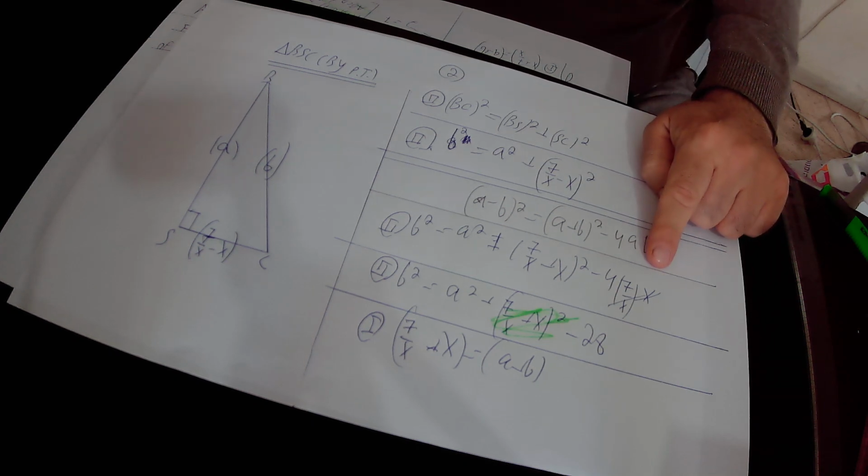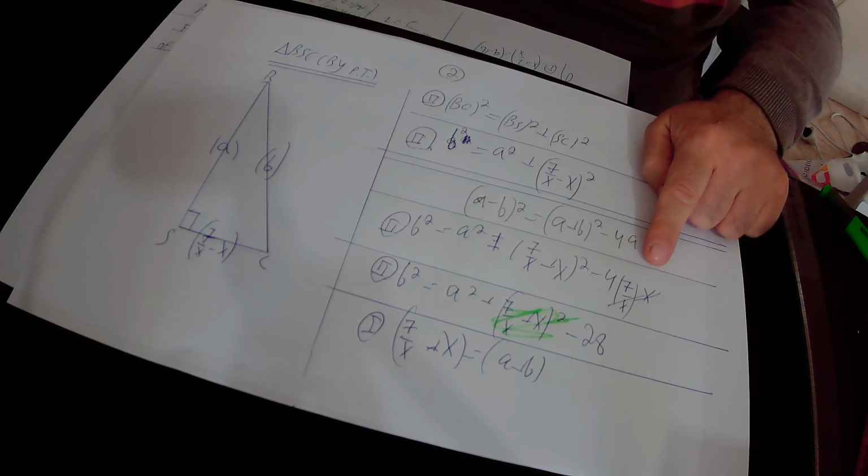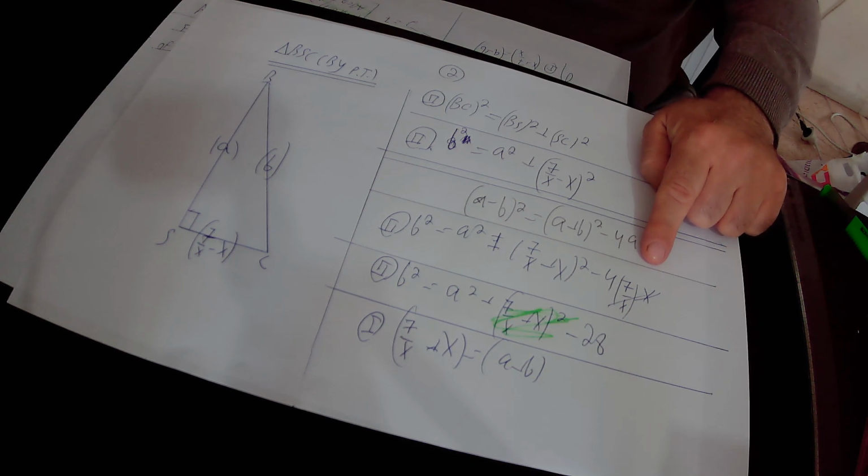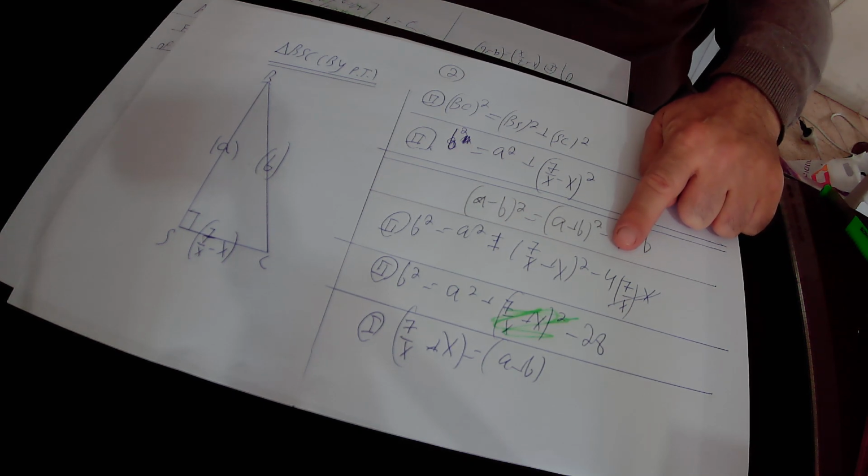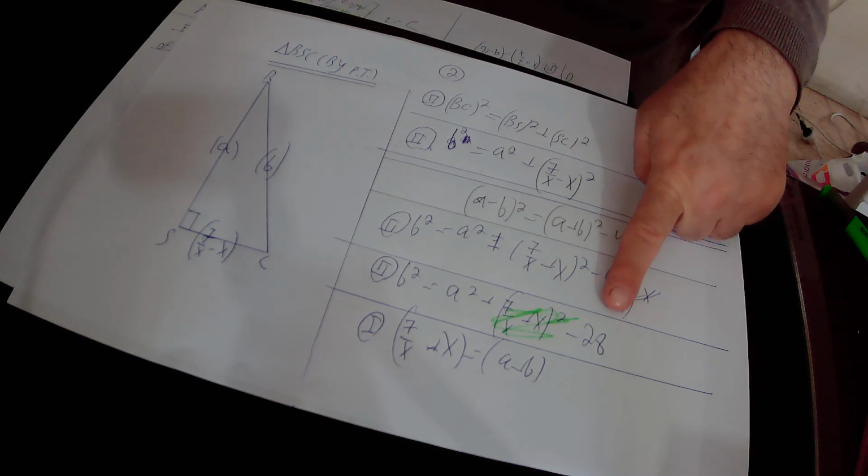Here we have x in the numerator and x in the denominator, so x gets cancelled, and we are left only with minus 4 times 7, that is minus 28.